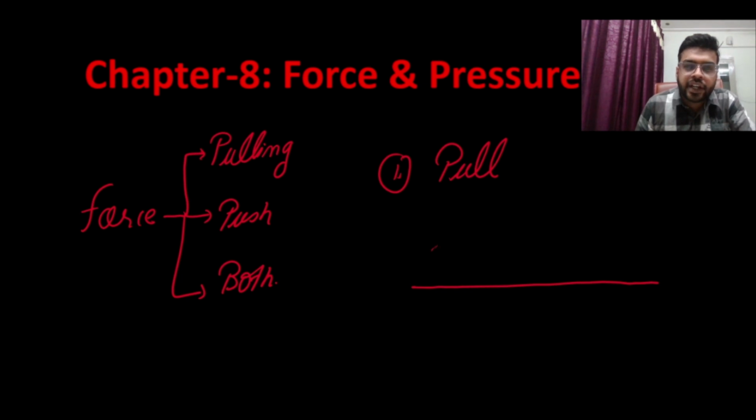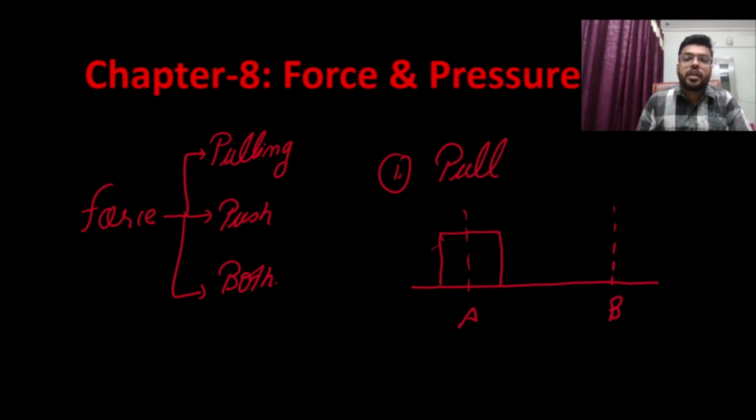Let's consider a surface and a block over there, and let's suppose the block is at position A, and we want to move the block from position A to position B. In that case, we have to apply force, right? Let's attach a rope to this block and just pull it.